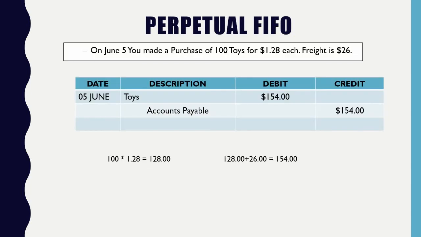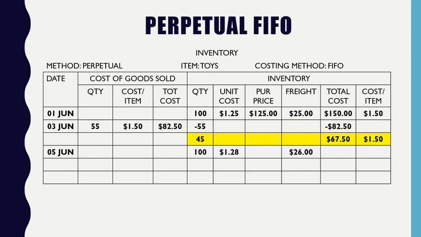Then the next one says that on June 5th, we end up purchasing another 100 toys at $1.28 with a freight of $26. So once again, this is a new purchase, so this is another batch of inventory that we have.